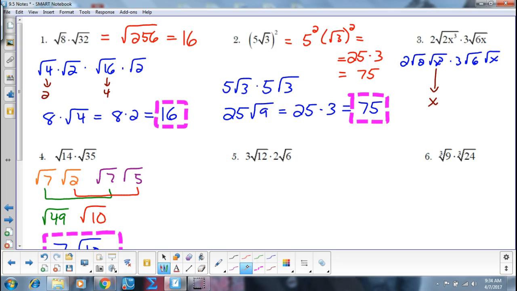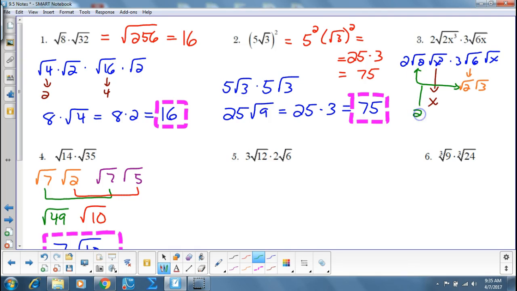This one becomes the square root of 2 times the square root of 3. You'll see why in a minute. Then these two become a 2.